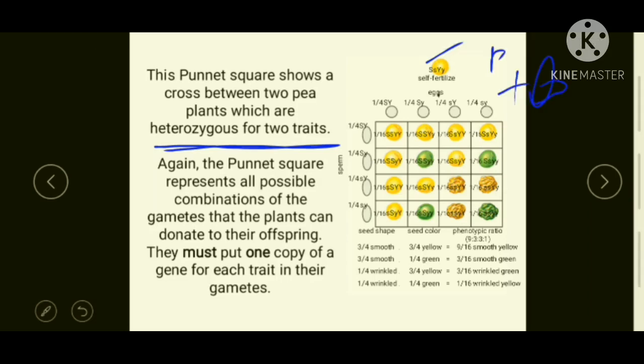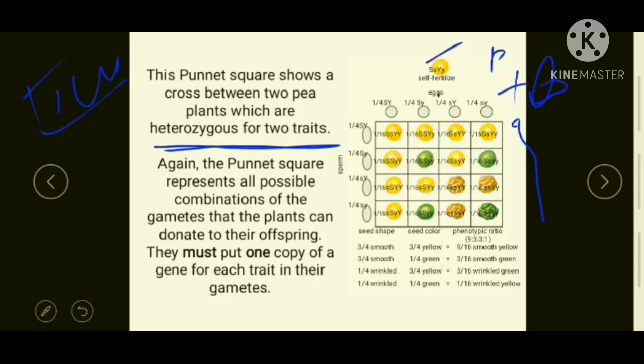When one plant has white flower color and is tall, and we cross the plants, we can get 3/4 smooth. Here there is also a seed color.